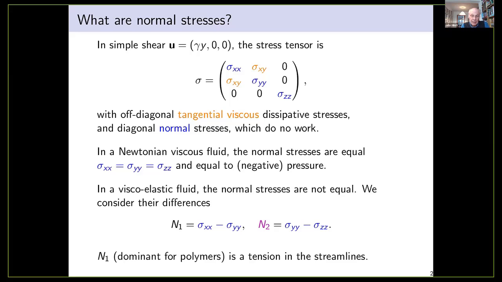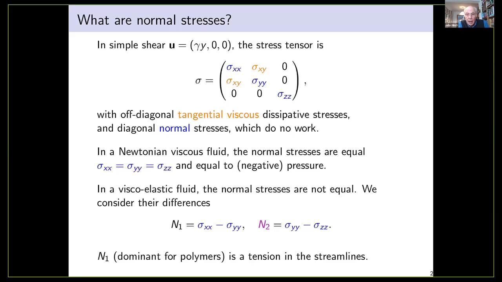And it's in the elastic liquids that the diagonal terms are not equal, and one is interested in the differences, which reflect the elasticity of the fluid. So the difference between the flow direction x and the velocity gradient direction y is called N1, and the difference between the y velocity gradient direction and the z vorticity direction is called N2.